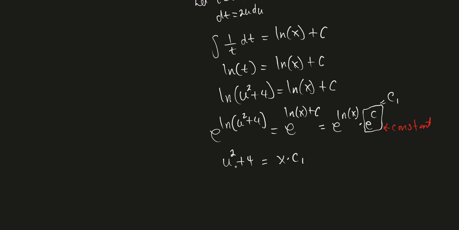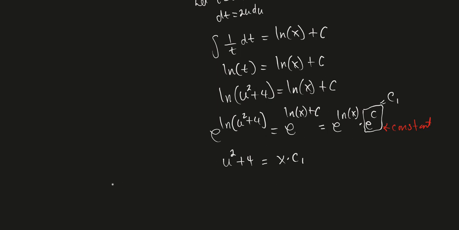But remember, we want y, right? We want the solution that gives us the relationship between y and x. Right now, we just have the solution that gives us the relationship between u and x. But this is where we use the first substitution that we made. See, it seems like eons ago. But remember what we did?